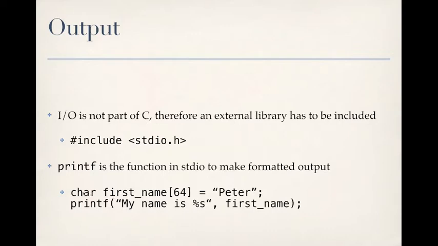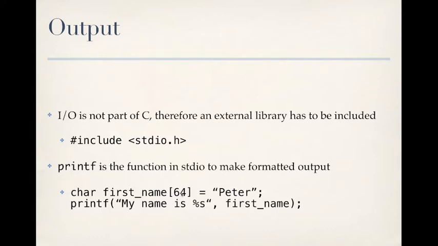We want to have the name in some string or array of character variable. So we say, okay, we have a variable first name, which is an array of characters of length 64. So that means we can store 64, and basically now it's just 63 characters into first name.